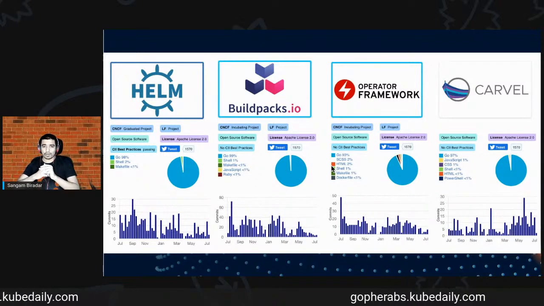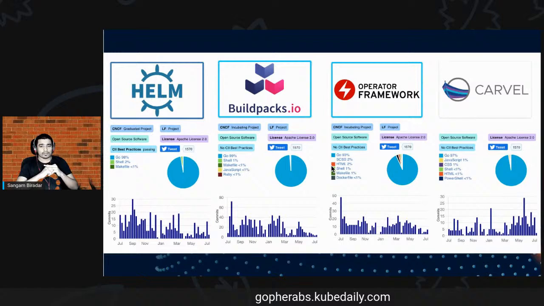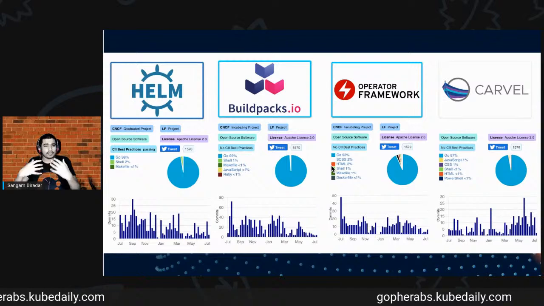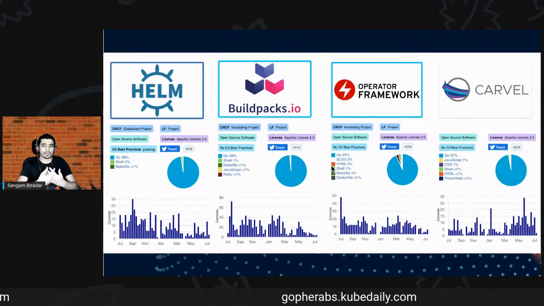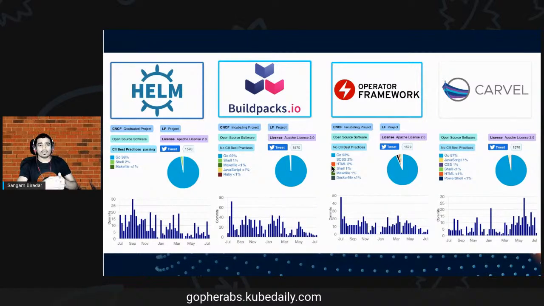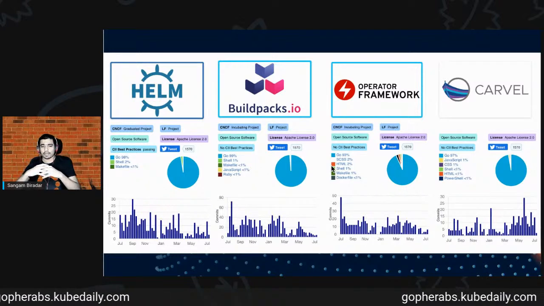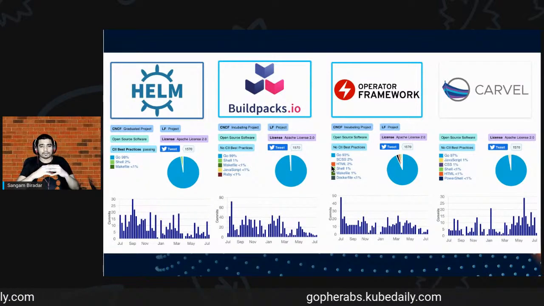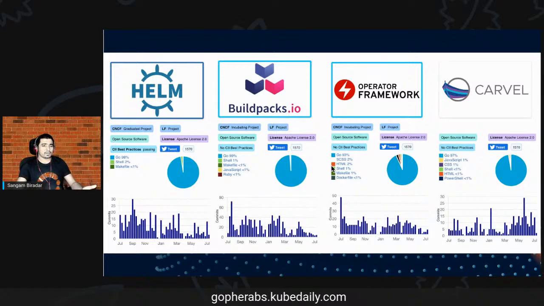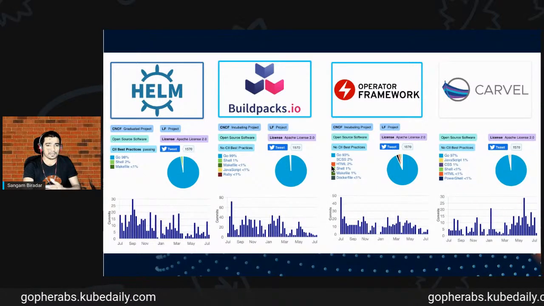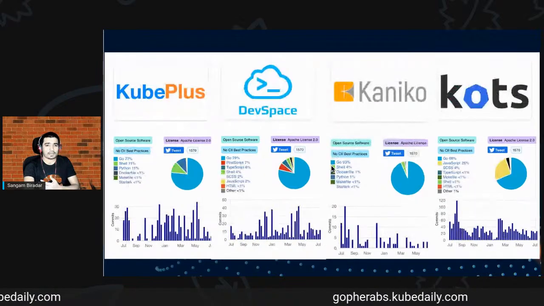Another is Operator Framework. If you are using CRDs and all, this kind of operator is helpful. Another is Carvel, which has a bunch of CLIs. These are all tools for developers, making their life easy to build images and artifacts.